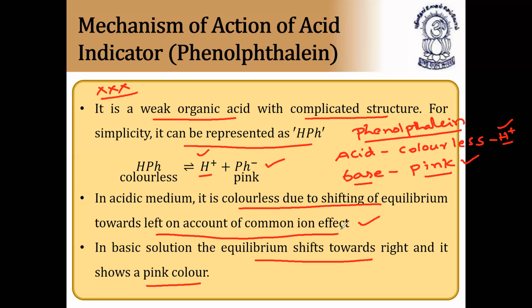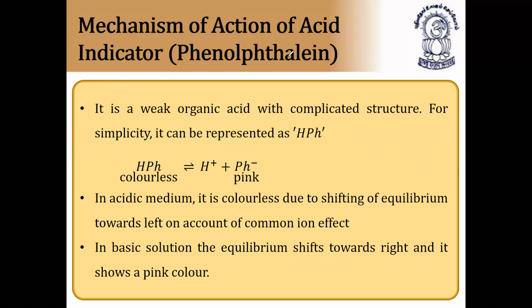Whereas in basic solution, the equilibrium shifts towards the right side and it shows a pink color. Very, very important, this slide. Please note it down. In acid solution, it is colorless, and in basic solution, it is pink color.